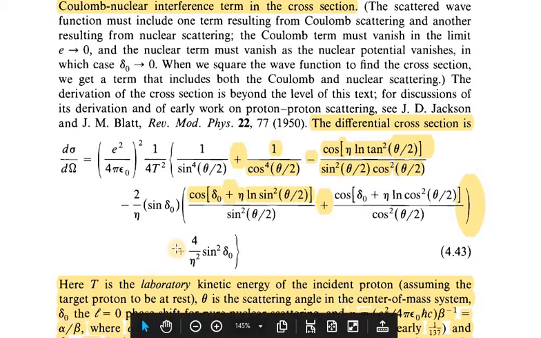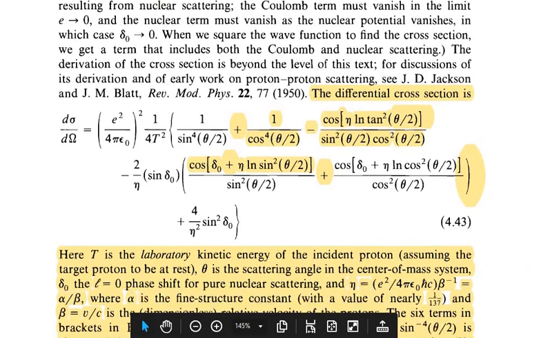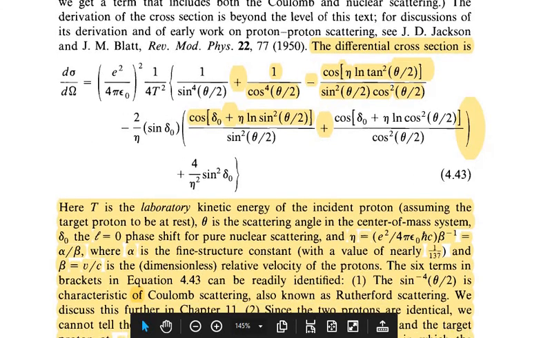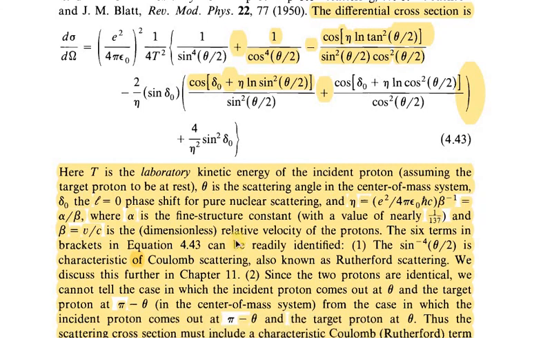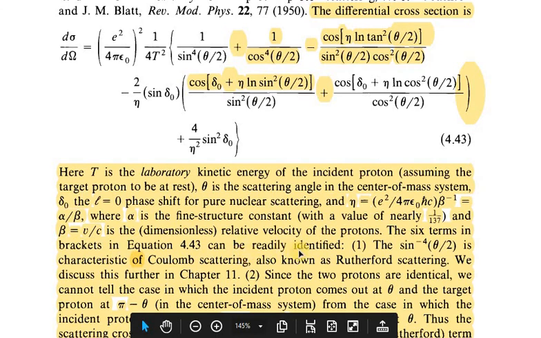Delta 0 is the L equal to 0 phase shift for pure nuclear scattering, and eta equals e²/4πε₀ħc times β⁻¹, which is equal to α/β, where alpha is the fine structure constant with value nearly 1/137, and beta is v/c, the dimensionless relative velocity of the protons. The six terms in the bracket can be readily identified.